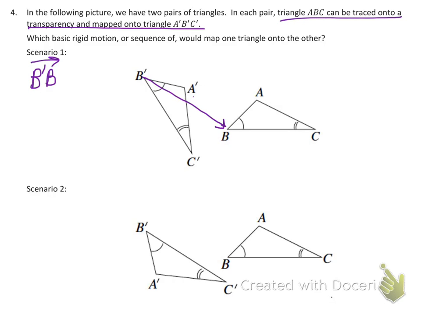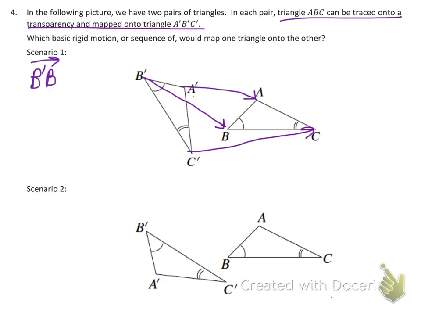I could translate along A prime A, right here, A prime A, or I could translate along C prime C. So if you think in your head which of those you want to do, once you get them to that point, they're going to require other motions to be mapped together, probably a rotation.